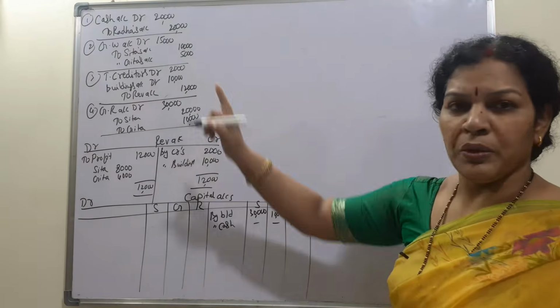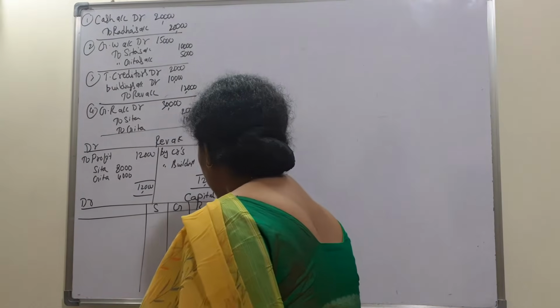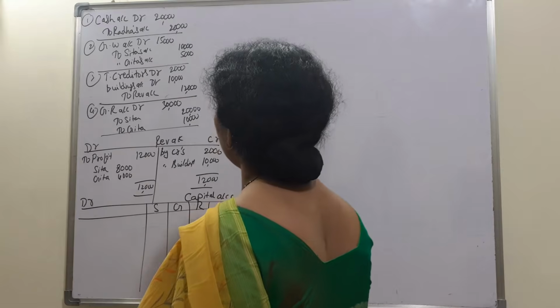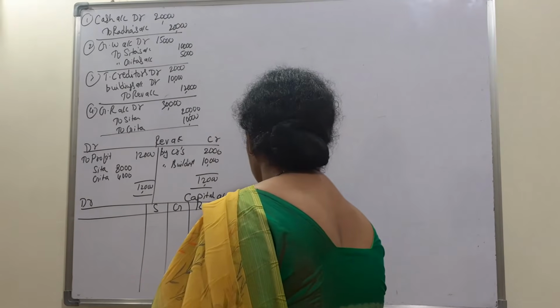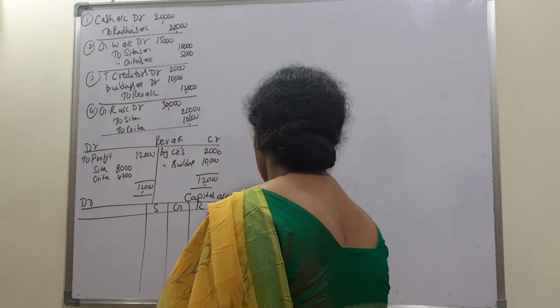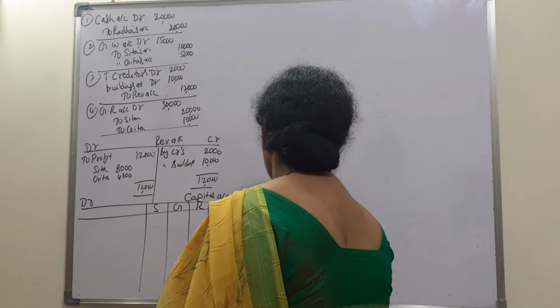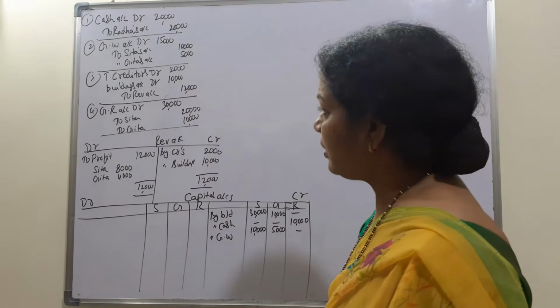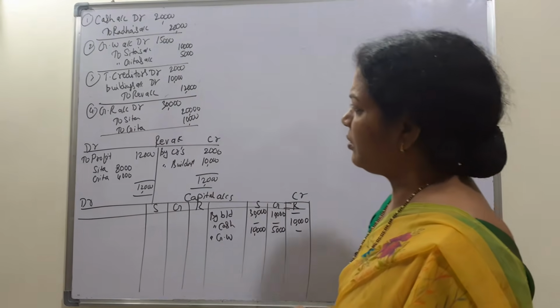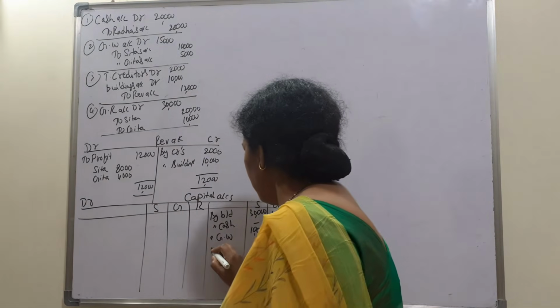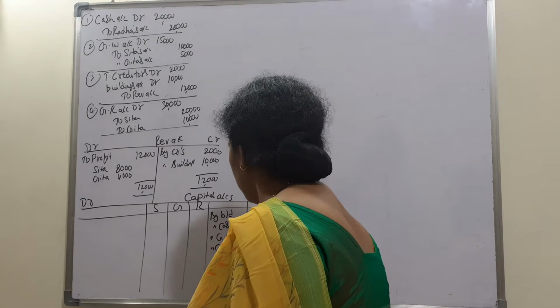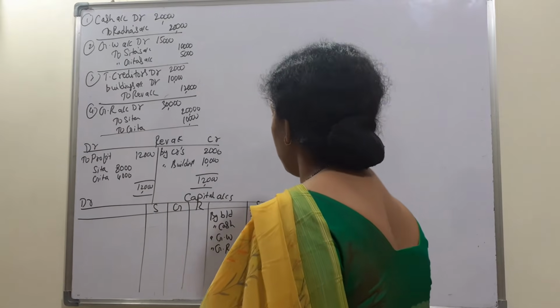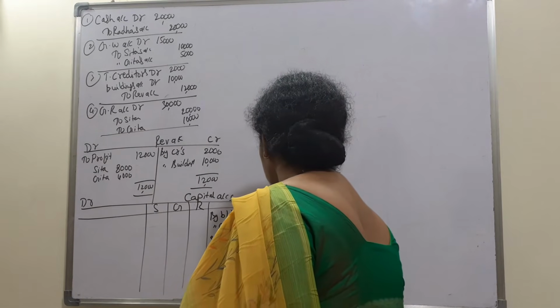Apart from this, by goodwill 10,000 and 5,000. Next, revaluation account, and general reserve 20,000 and 10,000.